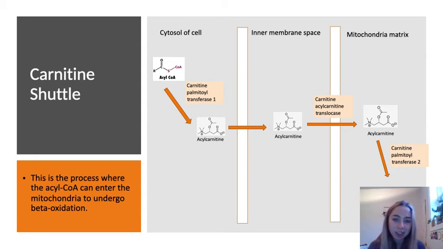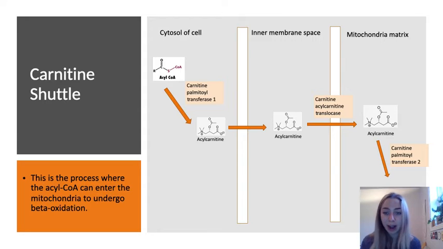And so what that does is just adds a carnitine group onto the acetyl-CoA, and then it can diffuse into the inner membrane space of the mitochondria. So as you can see in the middle there, the acetylcarnitine can then get into the matrix of the mitochondria with the help of the enzyme carnitine acetylcarnitine translocase. So then it can diffuse into the matrix.